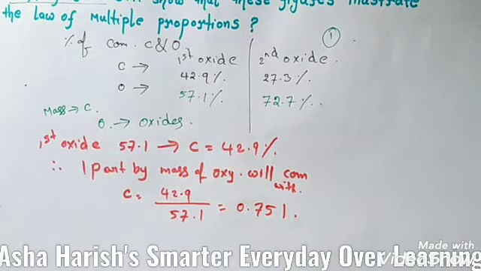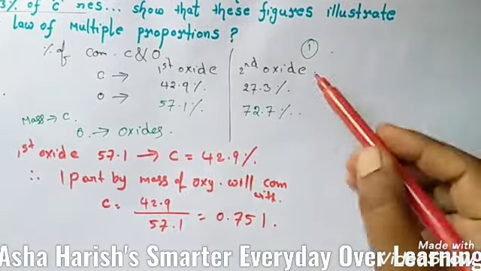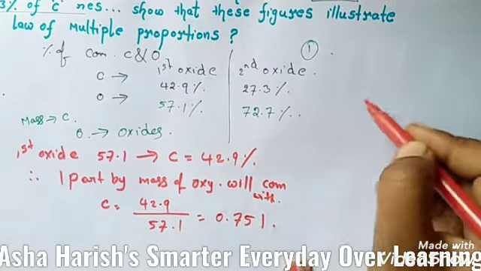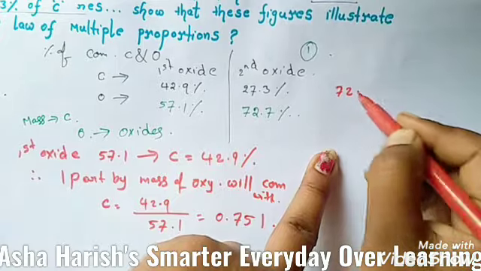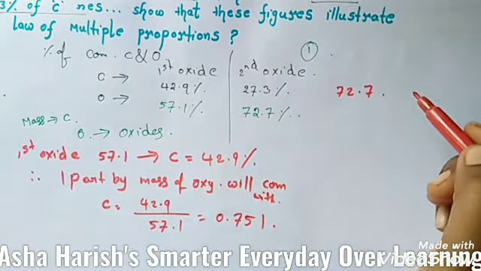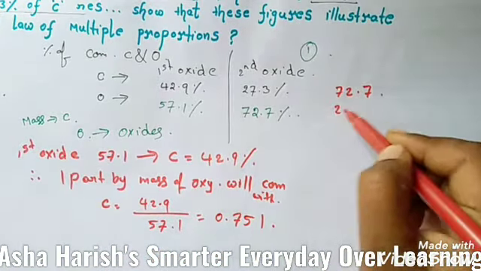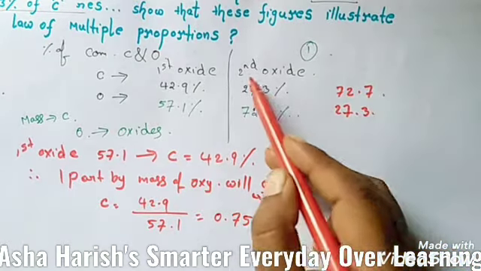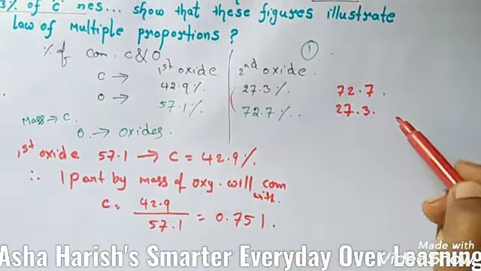In the second oxide also we have these values here. In the second oxide, 72.7 parts by mass of oxygen is combining with 27.3%. Here, basing upon these details, I have written like this.